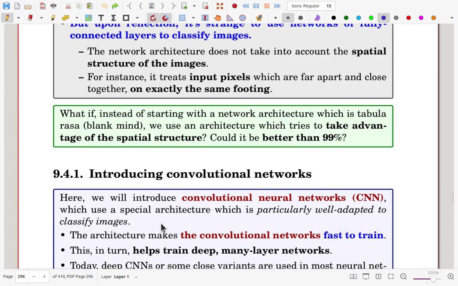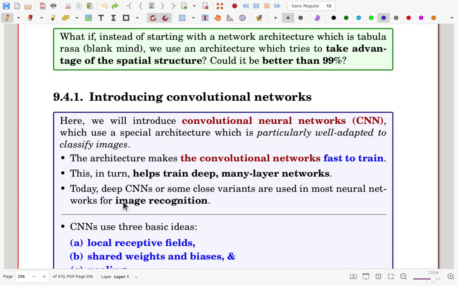Here, we'll introduce convolutional neural networks, CNN, which use a special architecture particularly well adapted to classify images. The architecture makes the convolutional networks fast to train. So as a result, we can train deep many-layer networks.